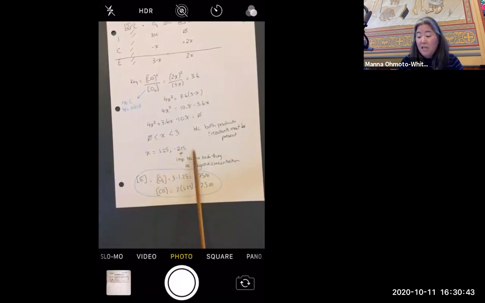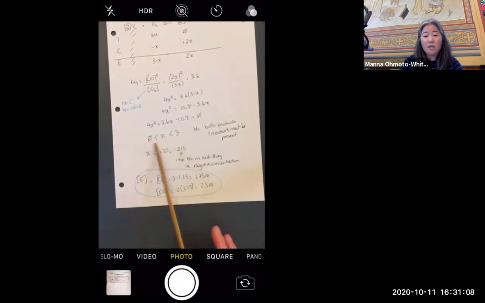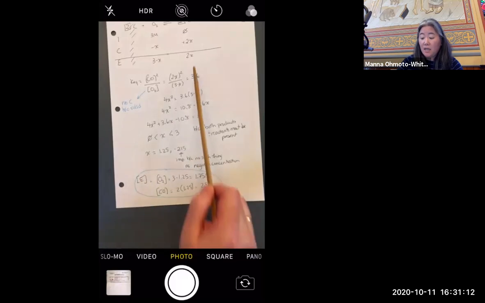Because I can't have a negative concentration, and that doesn't fall within my range of 0 to 3, I choose the X value of 1.25. Math tells us what the numerical possibilities are, and we have to choose, as chemists, what the realistic possibilities are. Because there's no such thing as negative concentration, I'm choosing the X value that falls within the acceptable range. So that's my X value, and then I plug it back in.